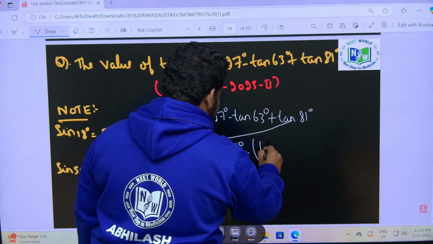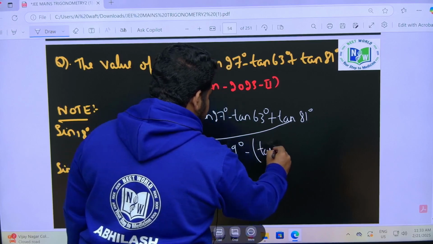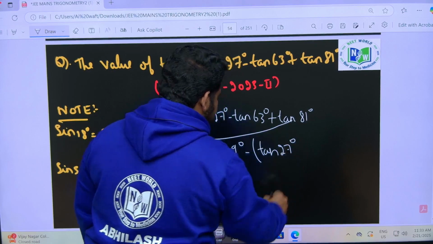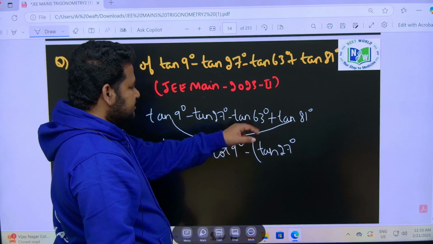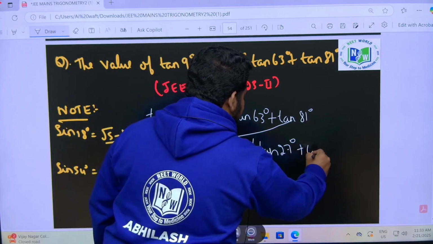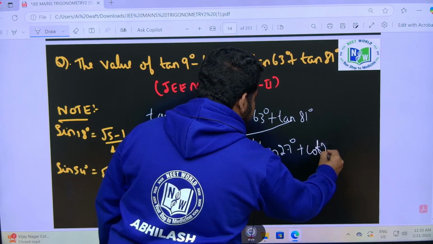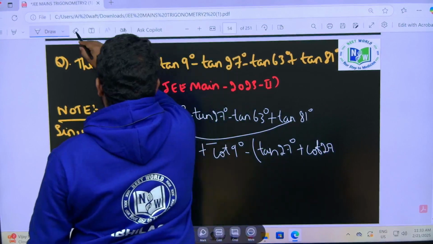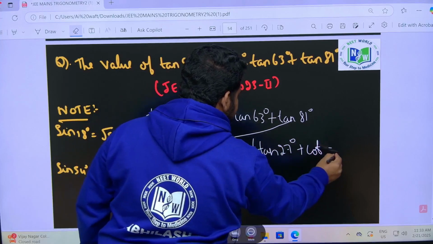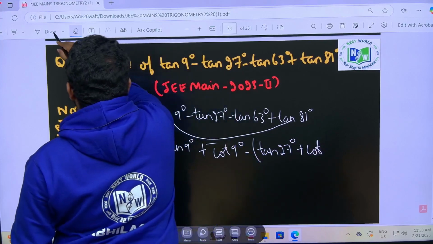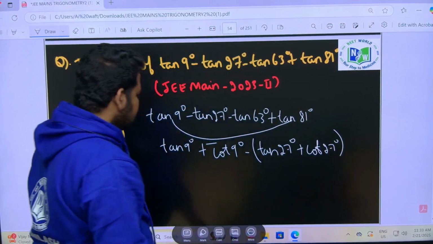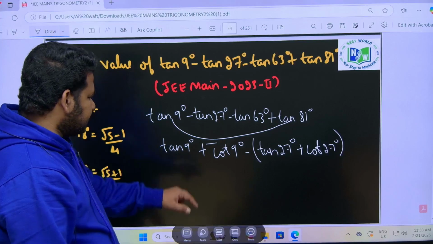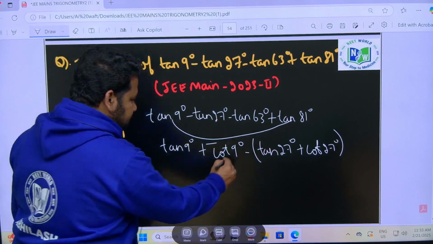This I can write as tan 27 degree plus, tan 63 degree I can write as cot 27 degree. Now it is in tan and cot, here also it is in tan and cot, and here it is minus.